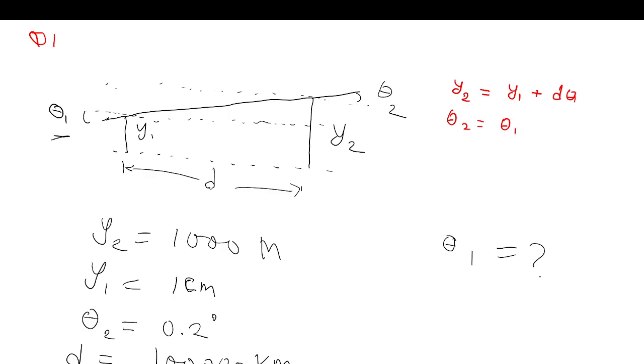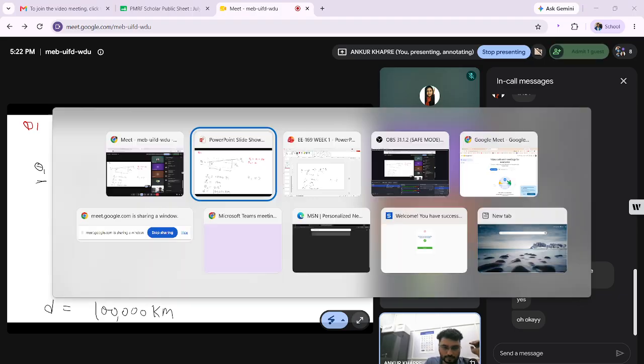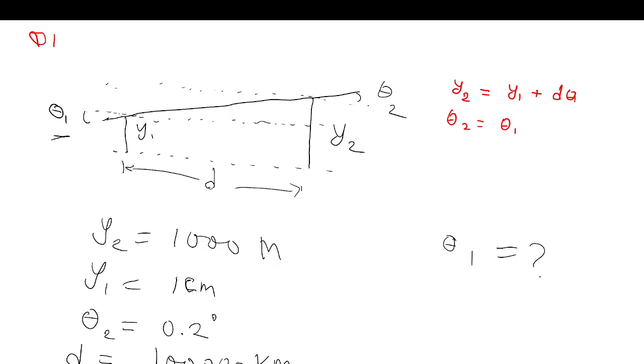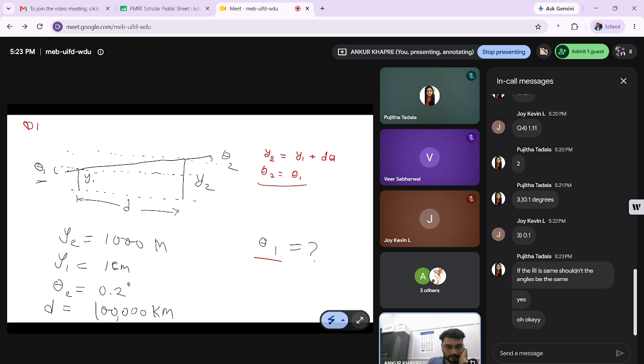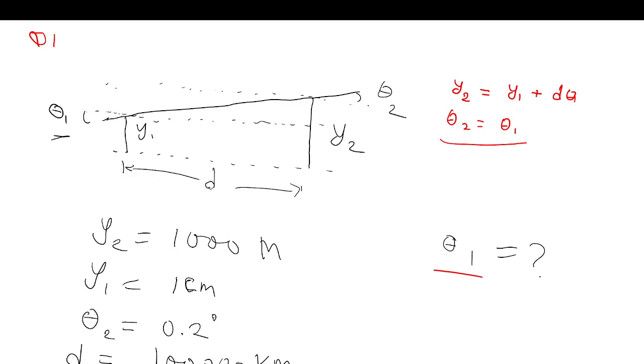You need to solve this problem. So it's easy. Just theta 2 is equal to theta 1. So you don't need to think so much about this. I already asked theta 1. You could answer like this, maybe 0.2 degree.